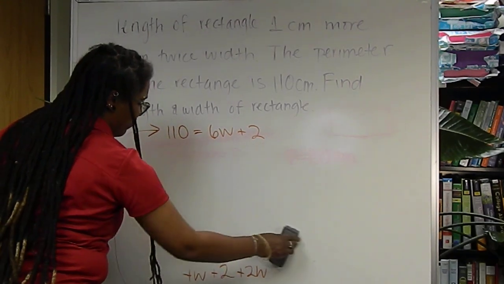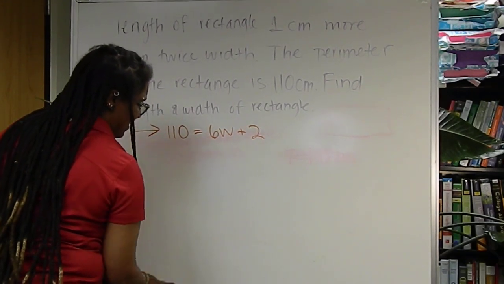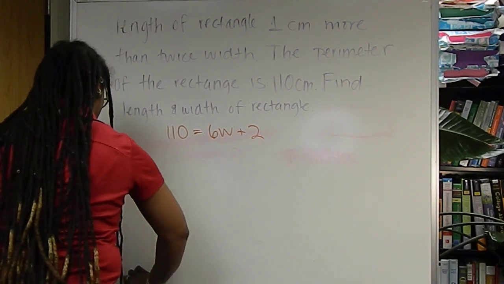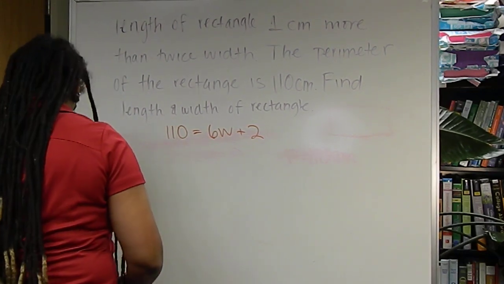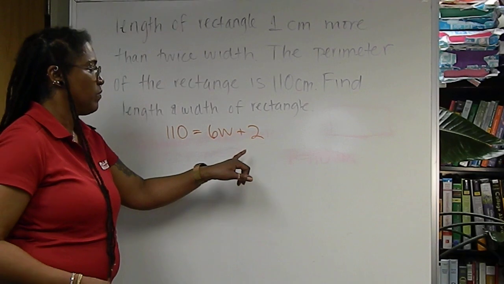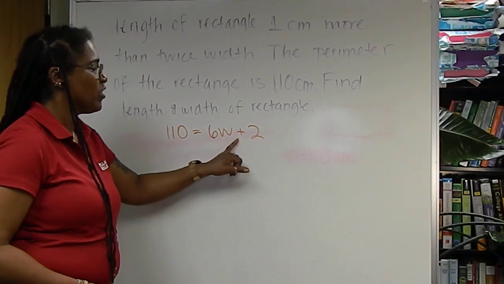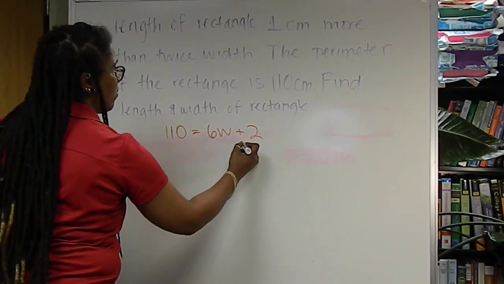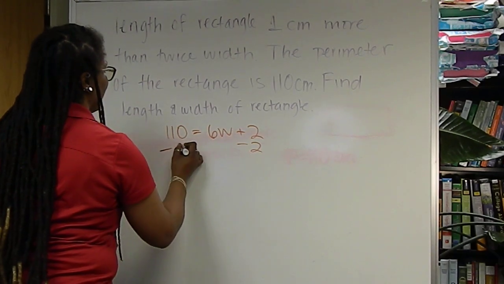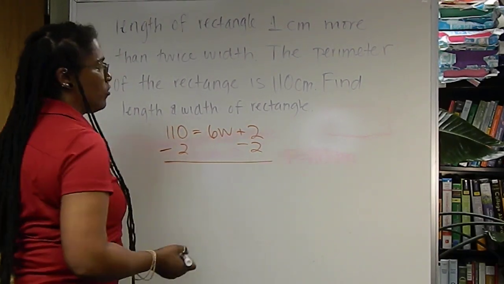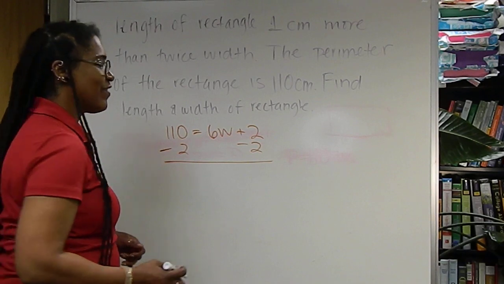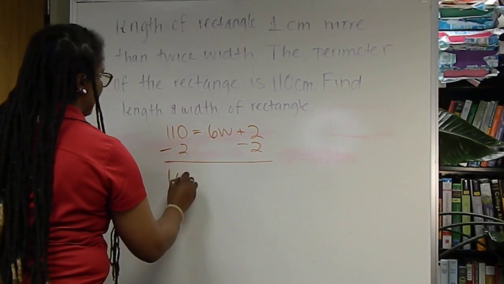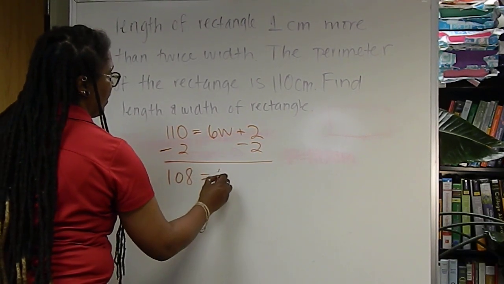Isolate our variable. So let's isolate our variable. And since this 2 has been added, we are going to subtract it. And 110 minus 2? 10 minus 2 is 8. Just leave that 100 there.